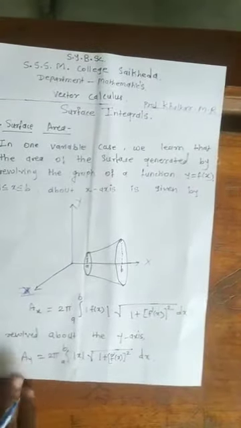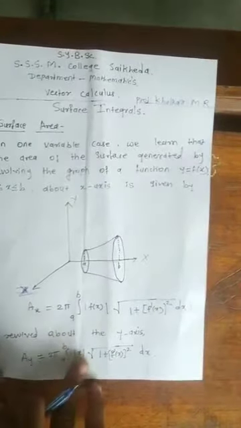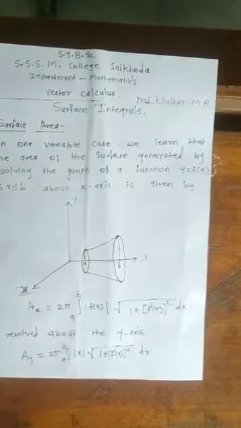Now about the y-axis, Ay is equal to 2 pi integral a to b mod of x square root of 1 plus f dash of x whole squared dx.